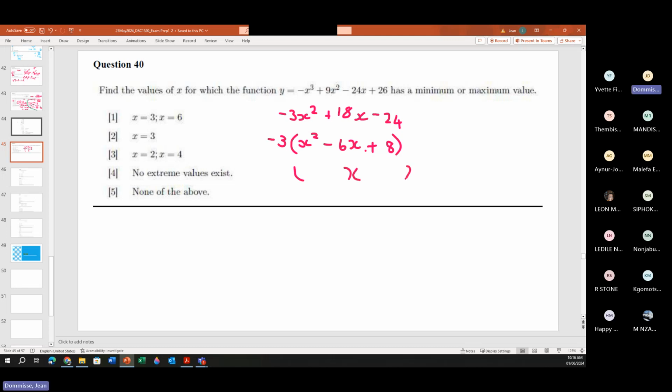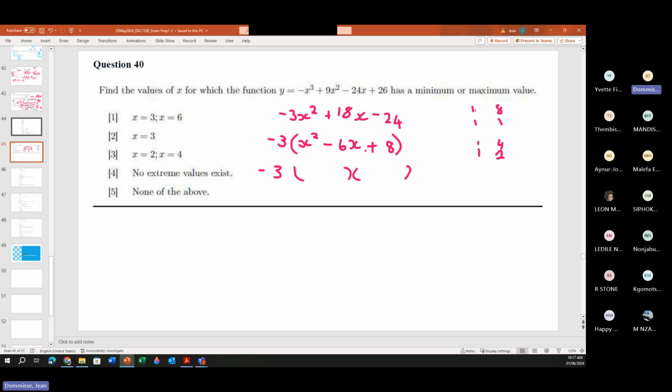Okay, so then the factorization becomes a bit simpler. So how I would do it is to say the x's, what times what. So there's only ones for the x's. To get to an 8, we can say 8 times 1, or we can say 4 times 2.